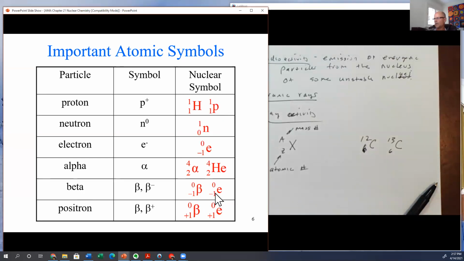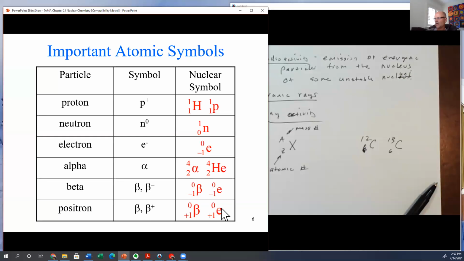A beta particle is just another name for an electron, but an electron in the context of radioactivity. Okay, so in the context of radioactivity, we call an electron a beta particle. And then a positron, this is a particle we have not really encountered before in this class.